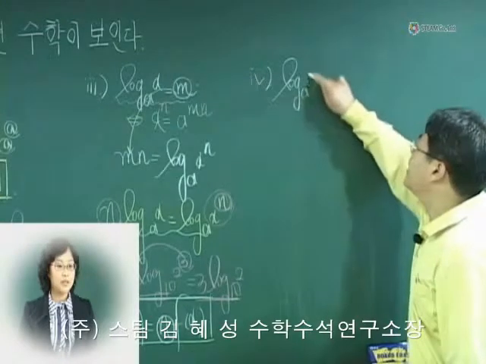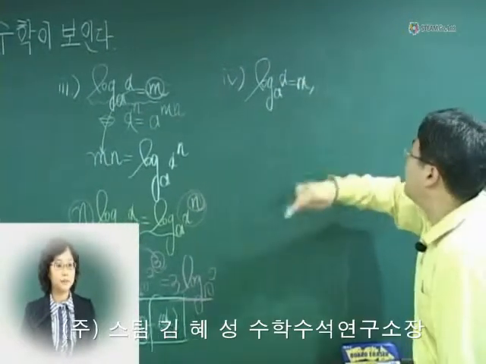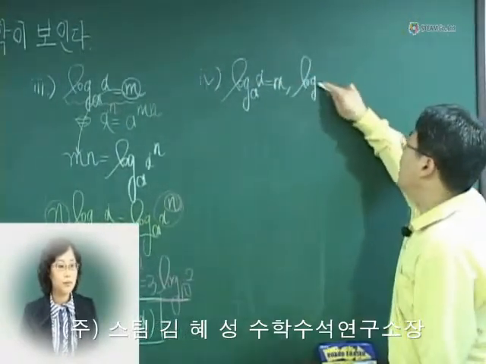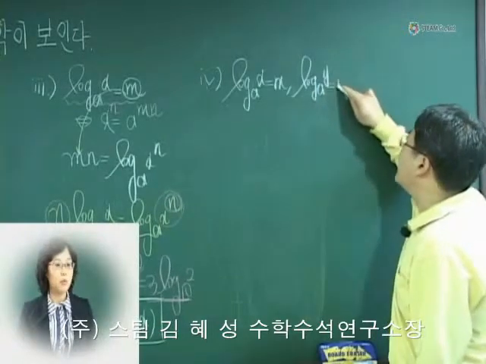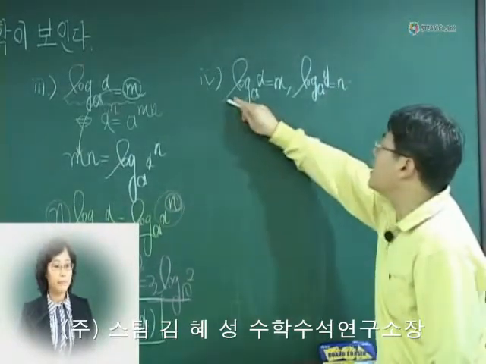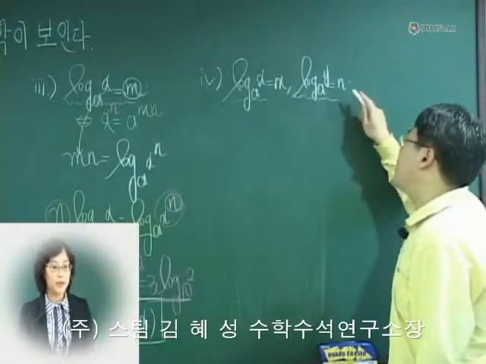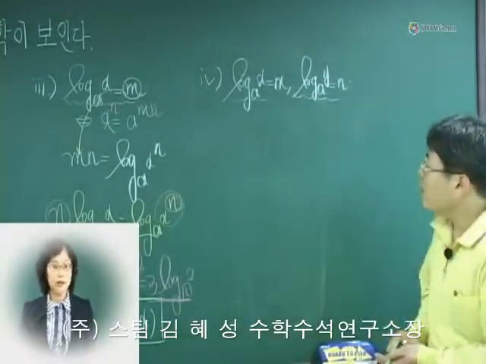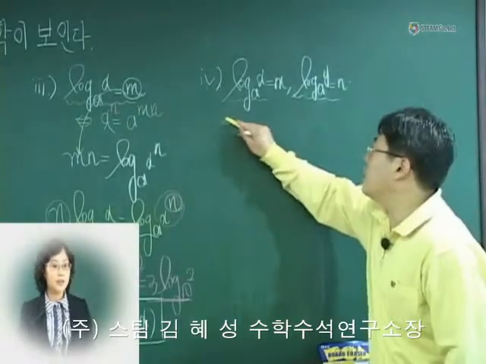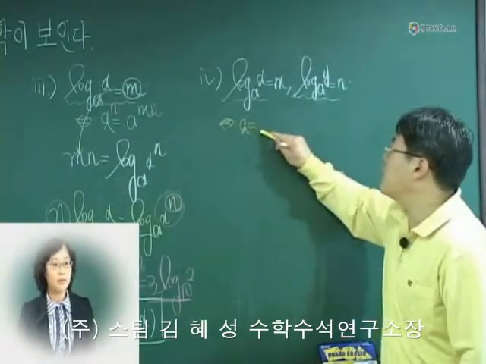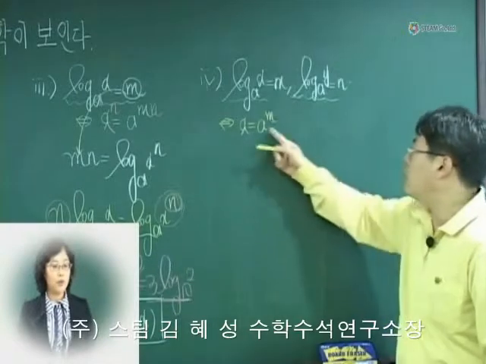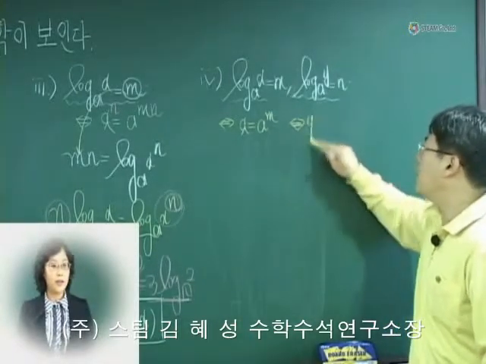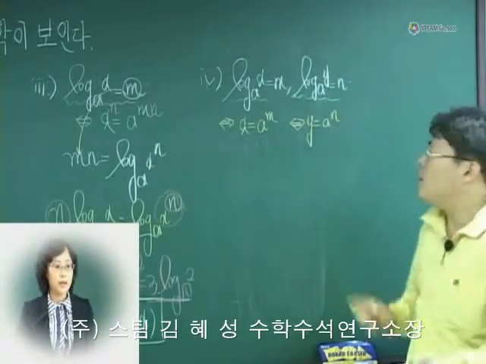Log base a of x equals m, log base a of y equals n, with two kinds. Let's think it over once more. x equals a to the m power, an exponential form, and y equals a to the n power.